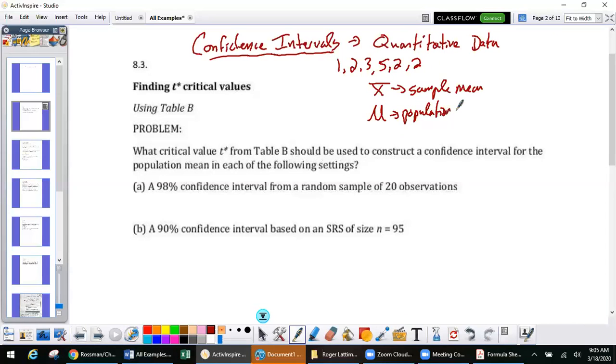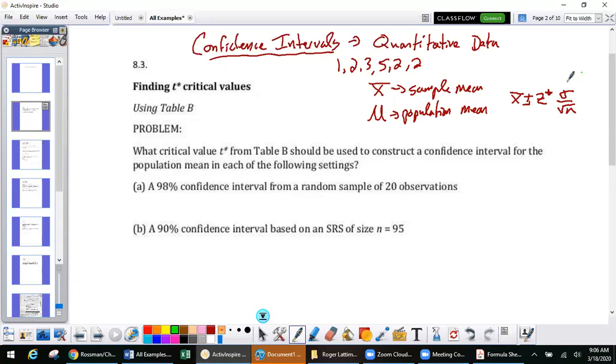So basically, if you watch the video, you saw that we started to come to this new idea. We want to take x bar plus or minus z star, our critical value, sigma over the square root of n. That's what we want to be able to do. The problem is that we can't really do that because we don't know this population standard deviation.